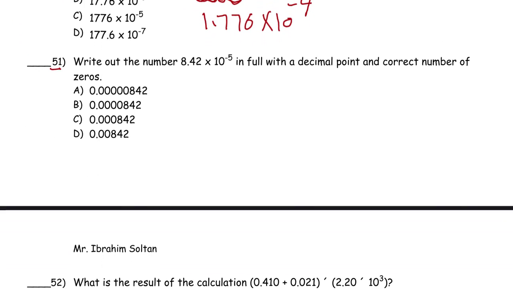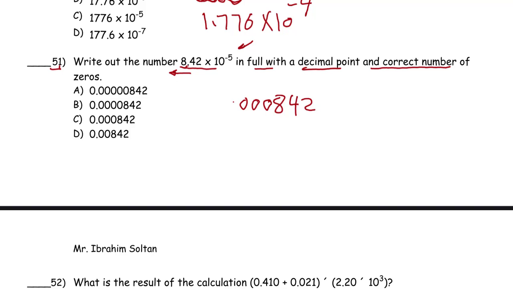For 51, write out the number in full with a decimal point and the correct number of zeros. At the beginning, we have 8.42 times 10 power negative 5, so we will move back 5 decimals, right? Here, we move one side: negative 4, negative 3, negative 2, negative 1.